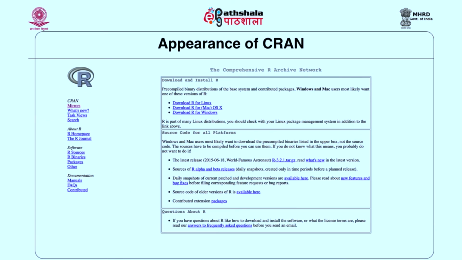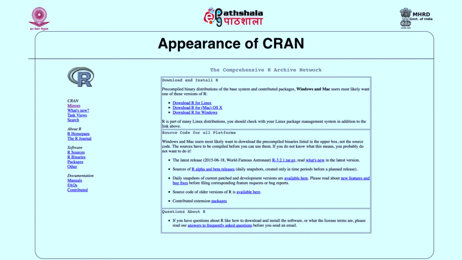This is how the CRAN website looks, and on the left-hand side, just below the icon of R, you can see that there is not only CRAN, but also a list of links. If you click each of these links, it will take you to a number of different areas in that website.